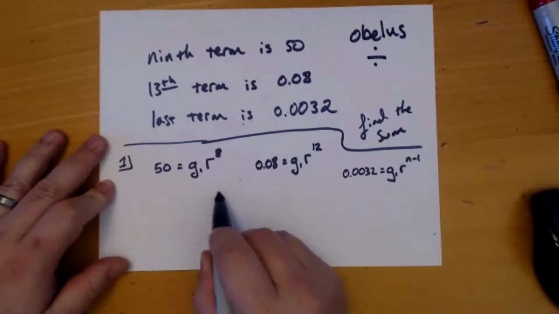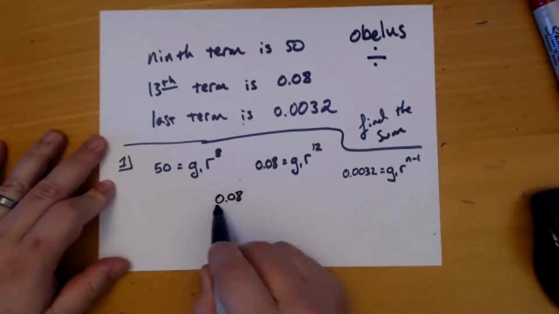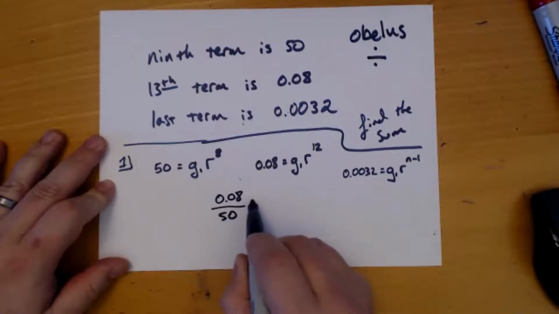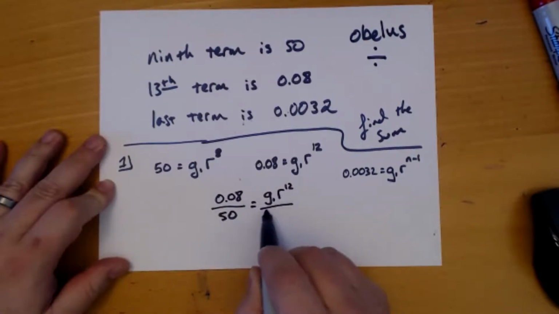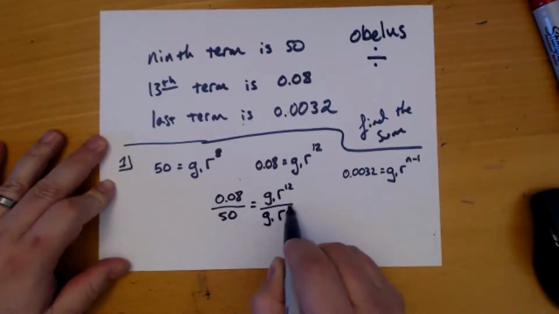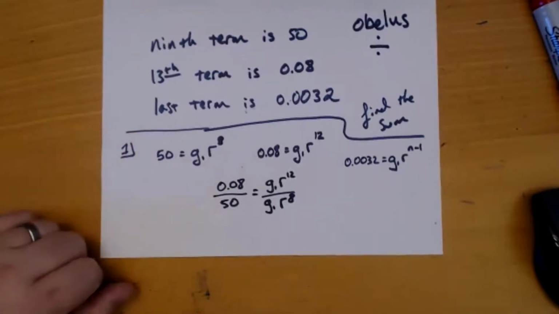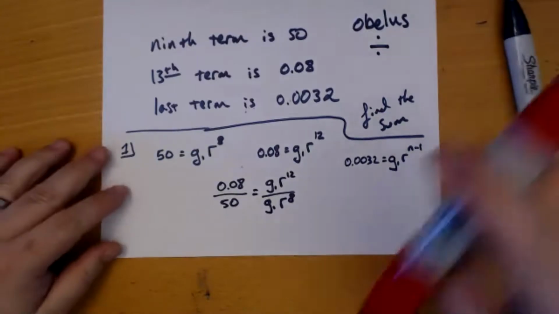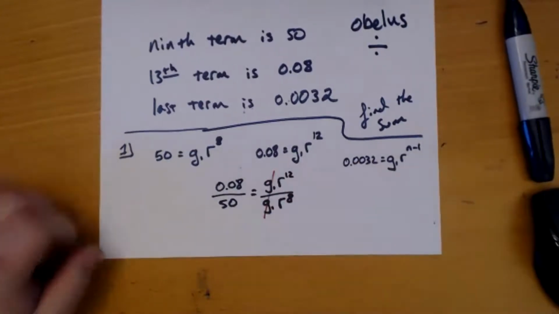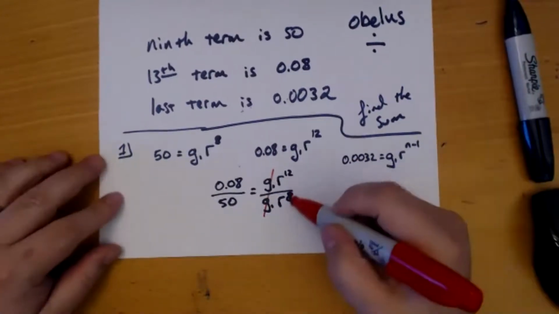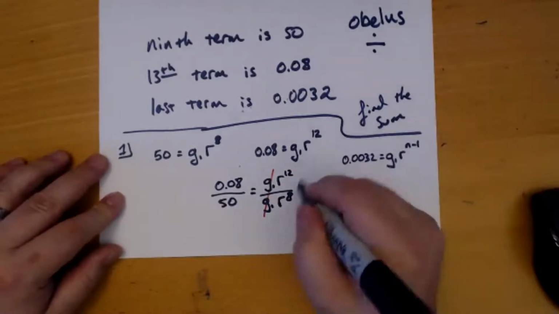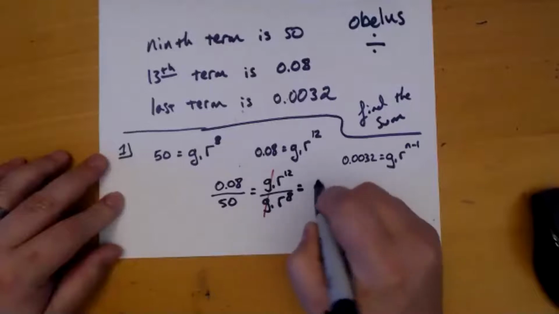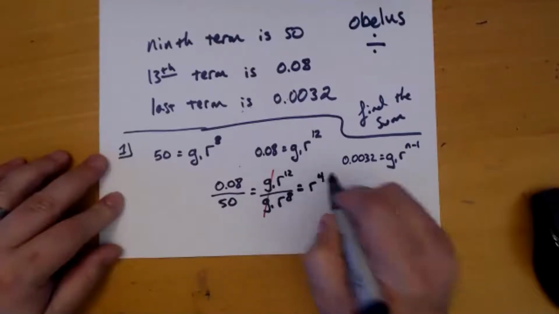So let's divide them. And the beautiful part about division is that it's just going to knock stuff out. And I have 12 R's up here, 8 R's up here, and down here, so therefore when they start canceling, I am left with just 4 of them.